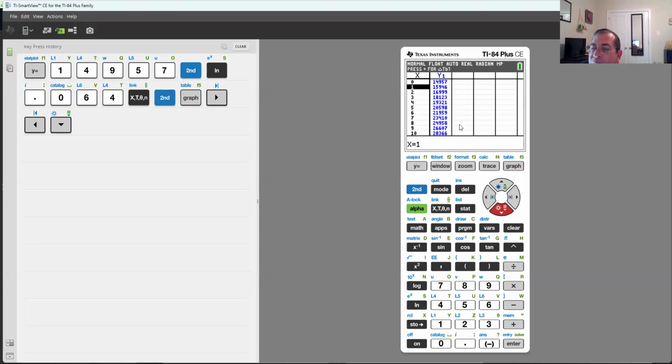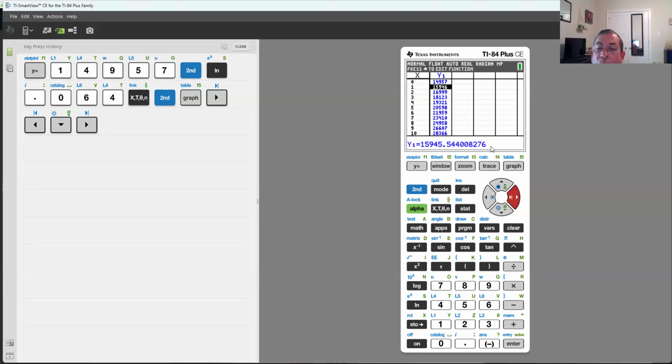It rounds it off to the nearest dollar. So let me show you a trick. If you arrow right and highlight the 15,946, if you go down below now, it says Y1 equals 15,945. I can now round that off to 2 decimal places because it's giving me the whole decimal.